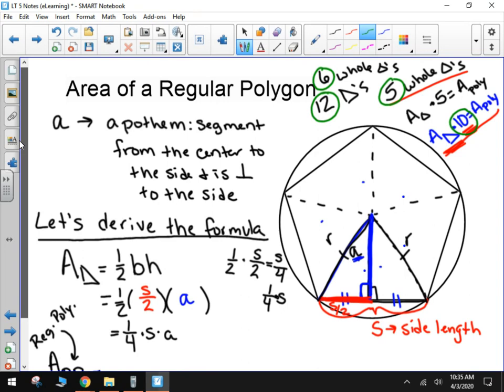So what I'm really doing is I'm taking the number of sides and then I multiply by 2 to get how many right triangles, okay? I don't want to use 5 or 10 in my deriving of the formula because that's only specific to pentagons. I want to use something that's more general for all polygons.